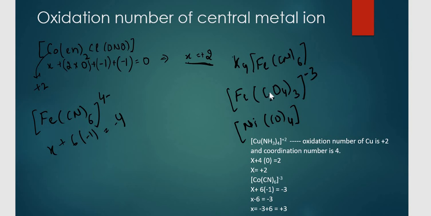So it will be X plus 2 times -2 multiplied by 3 is equal to -3. And for the first one, it will be X plus 6 multiplied by -1 is equal to -4, or maybe you can write it as X plus -1 into 6 plus 4 is equal to 0.